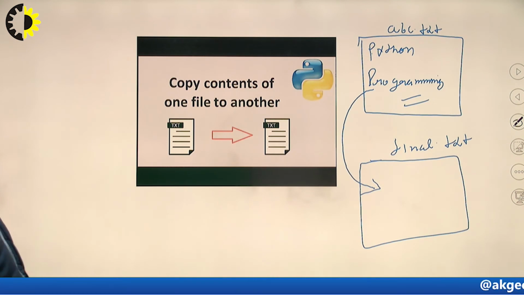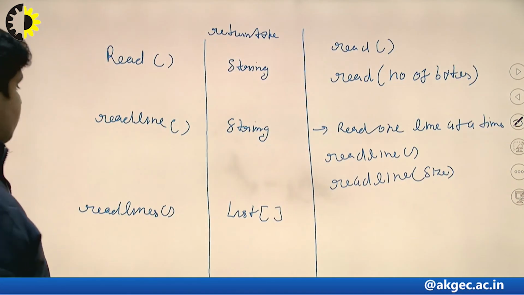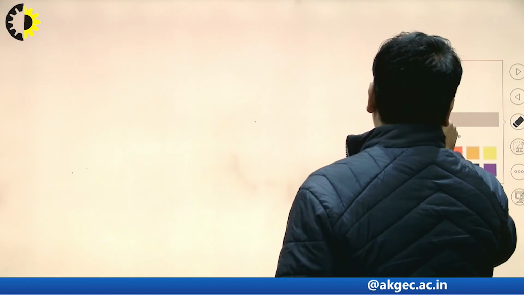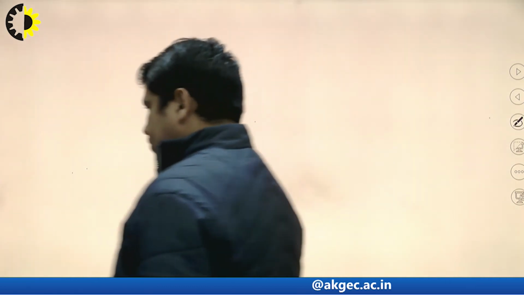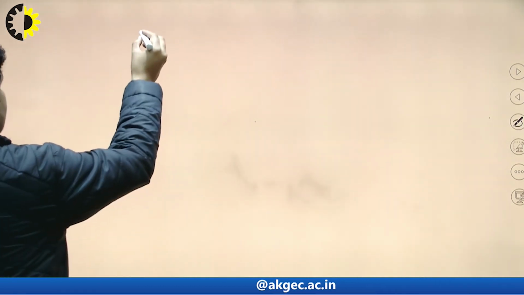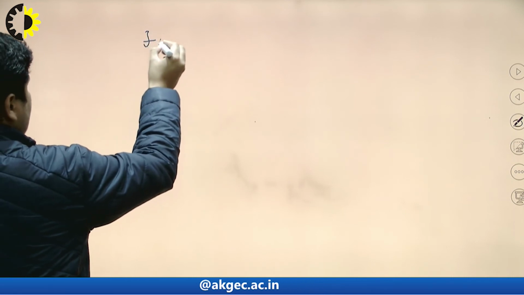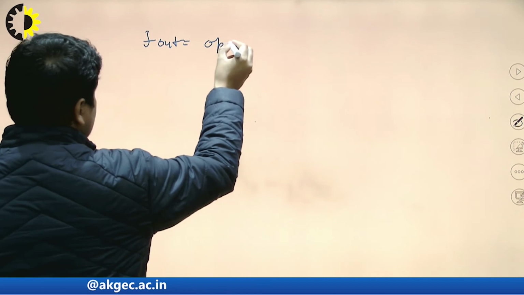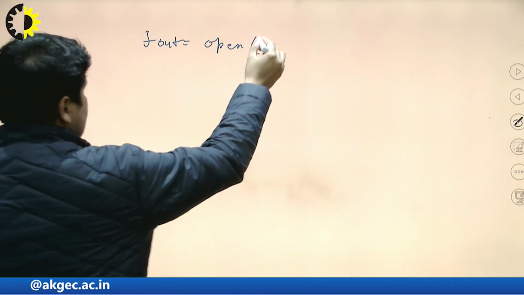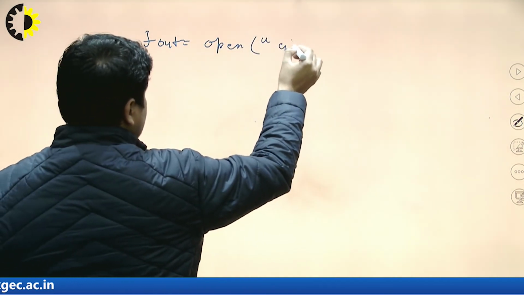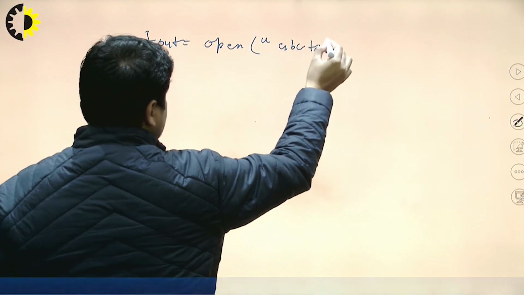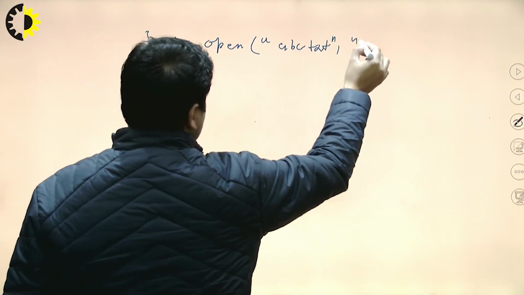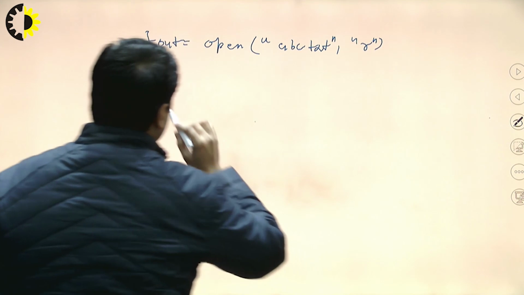Okay, what is the code? First I am going to open the file: fout equals open abc.txt, in which mode? Reading mode.